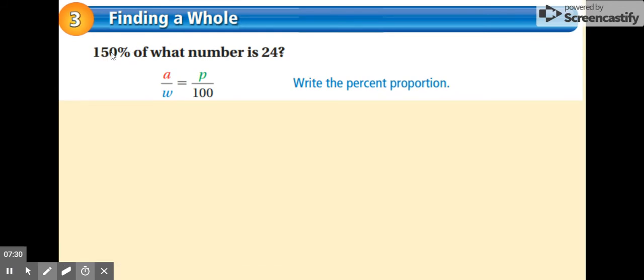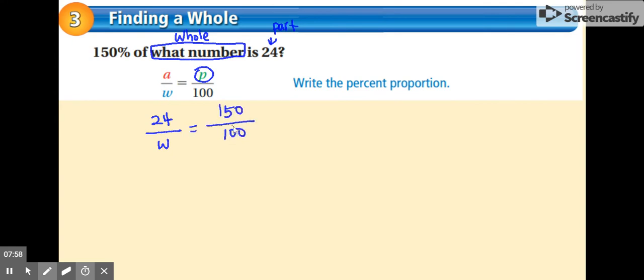So now 150% of what number is 24? Oh, you remember, the number after of, this is what? Whole unit. So 24 is automatically going to be the part. So 24 part to the whole, we don't know W, and it's 150%. The percent can be more than 100, so it's okay.